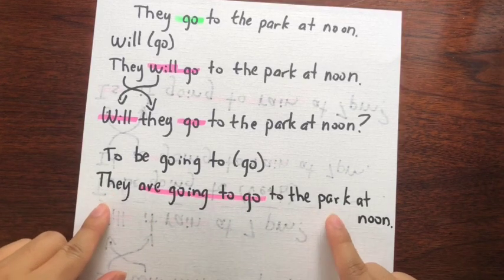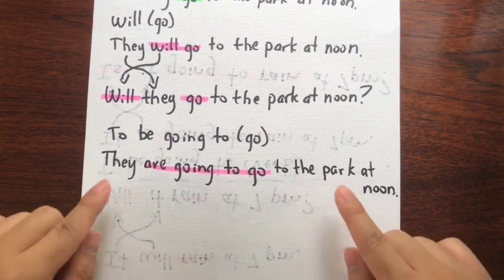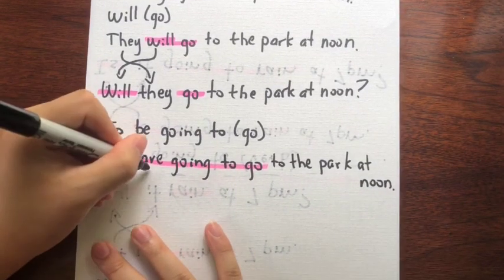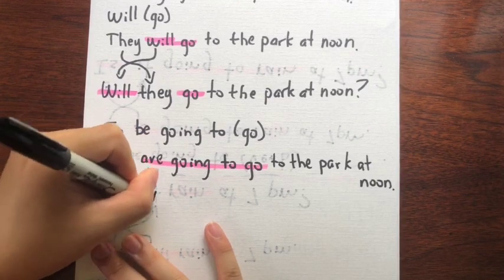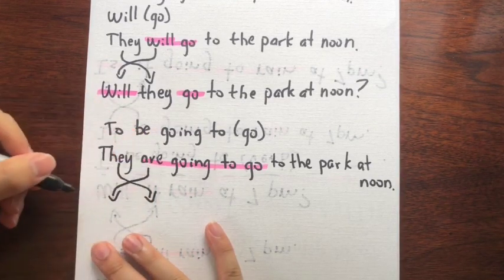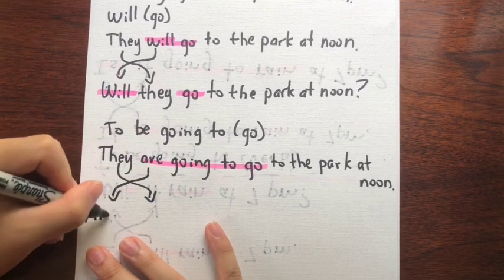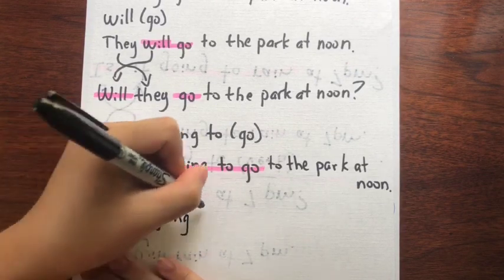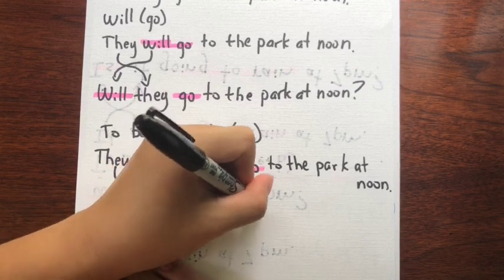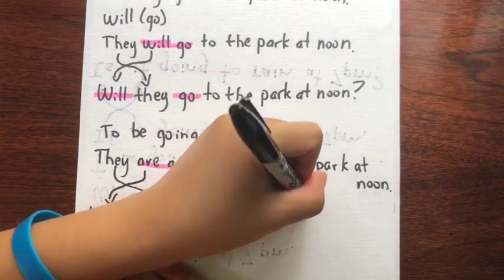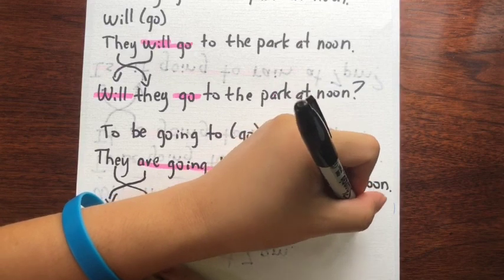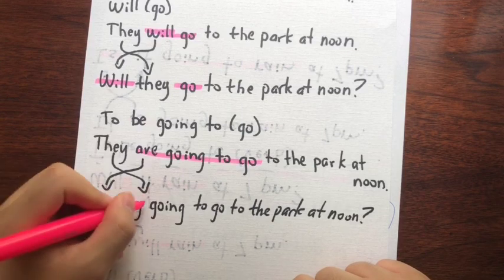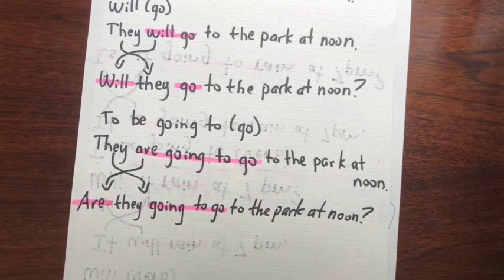Now, can we turn this into a question? So stop the video and write this sentence as a question. So again, we switch the subject and the first verb. Here it is are. So, are they going to go to the park at noon?